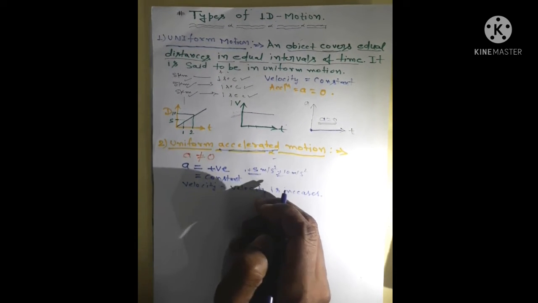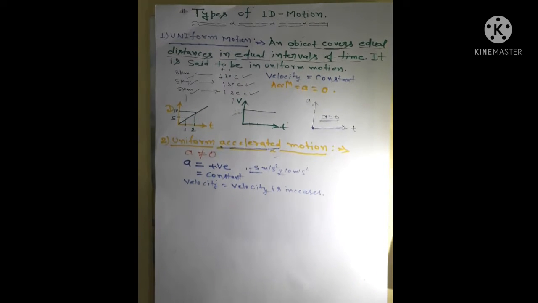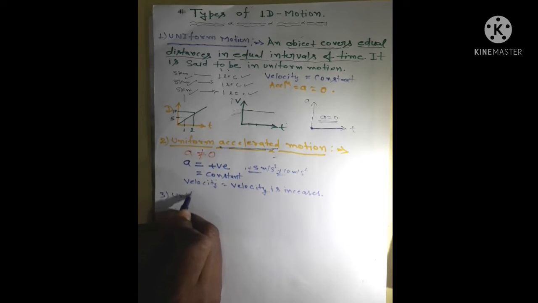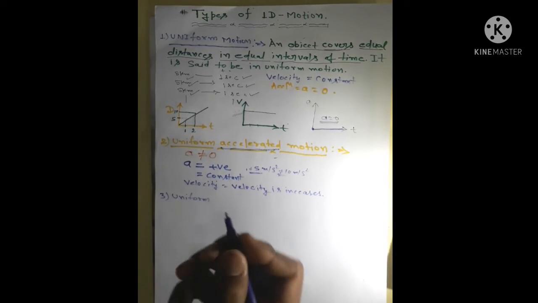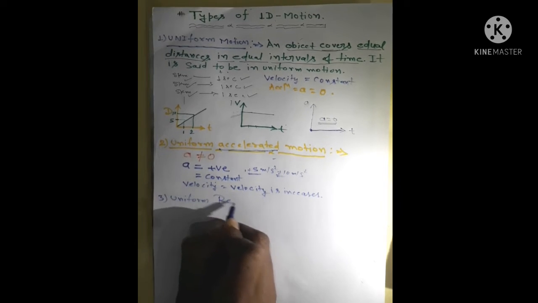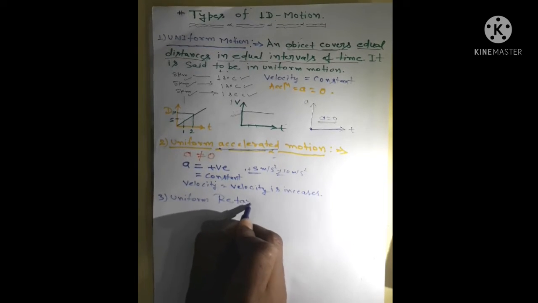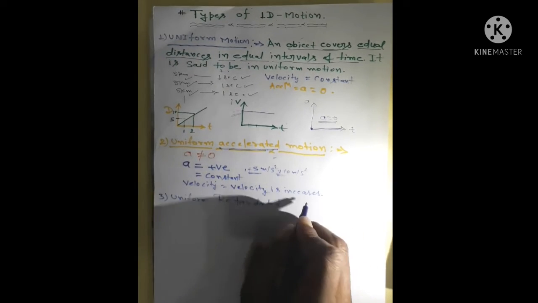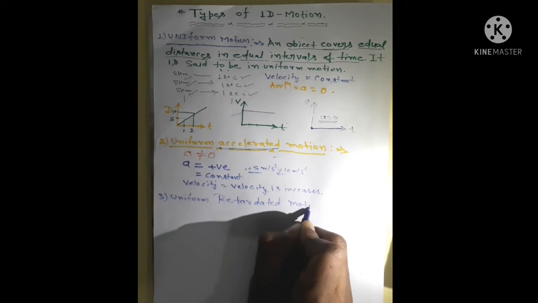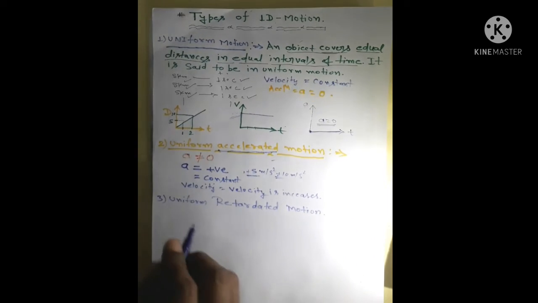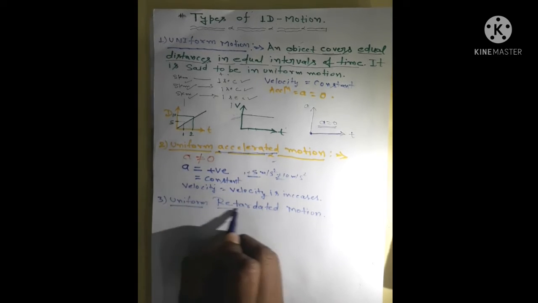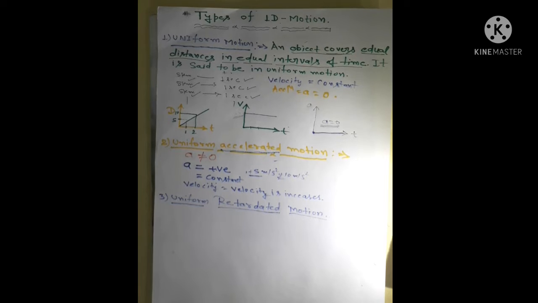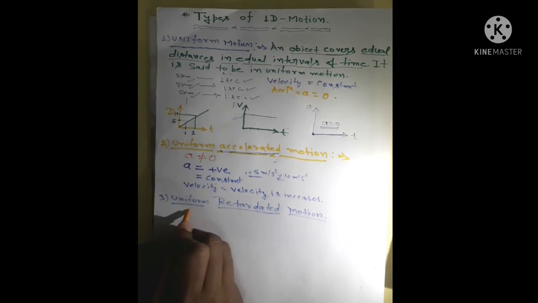Now we will see uniform retarded motion, the third point. Uniform retarded motion means acceleration is not equal to 0.